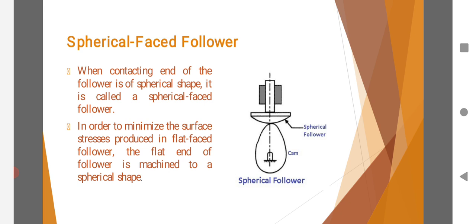This type of follower is used to reduce the surface stresses that occur in flat faced followers. By machining the flat end into a spherical shape, the contact becomes smoother, stress concentration is reduced, and wear between the cam and follower is minimized. If you look at the picture, you will see the follower has a spherical shaped face.